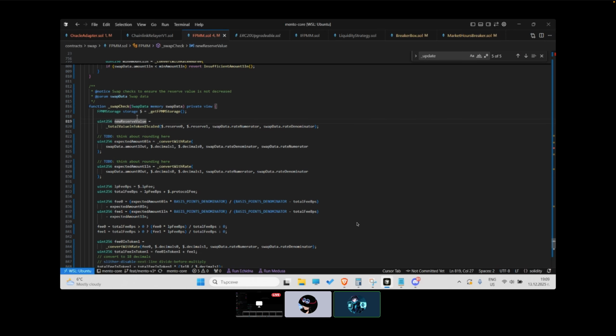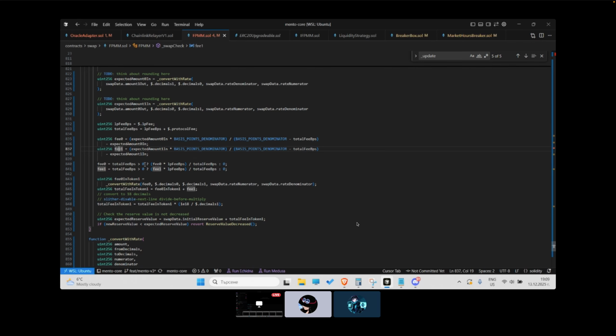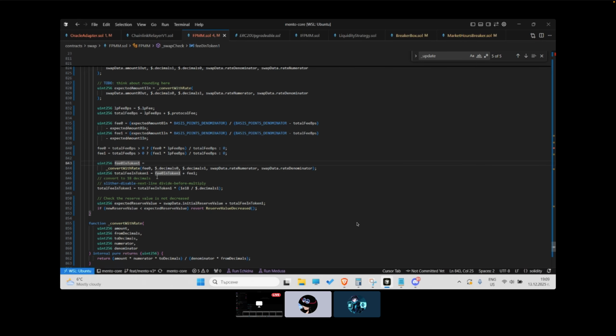And then they have expected amount 0. Interesting. So based on this rate, they know if you take out amount 0, then they calculate.